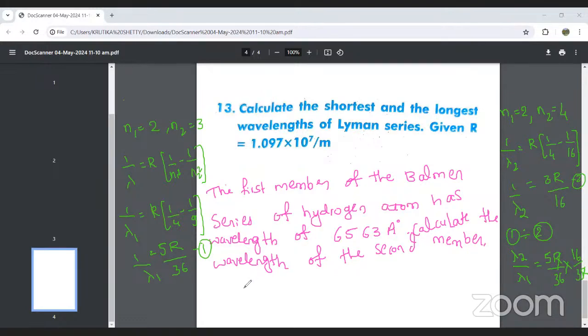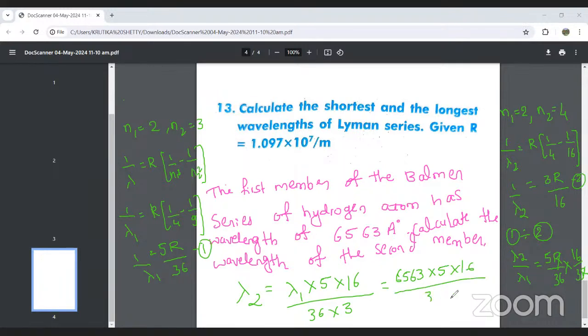So I require lambda 2. Therefore lambda 1 into 5 into 16 divided by 36 into 3. The lambda 1 value you know, it is given in the question: 6563 into 5 into 16 divided by 36 into 3. You can simplify it further. Just see the question.